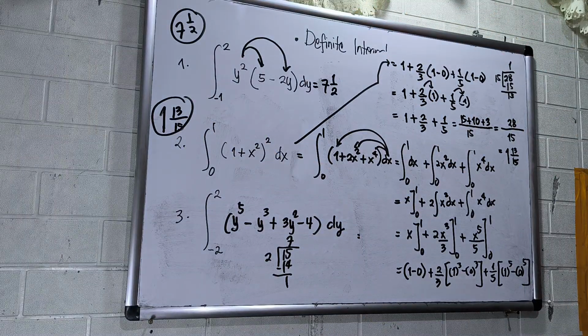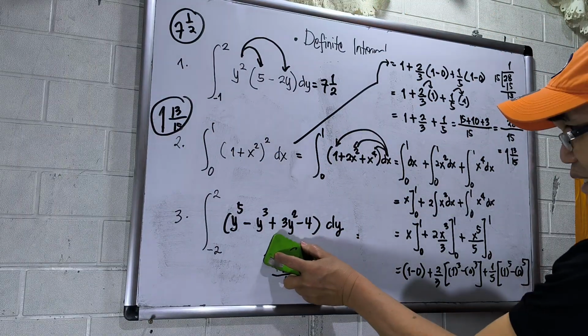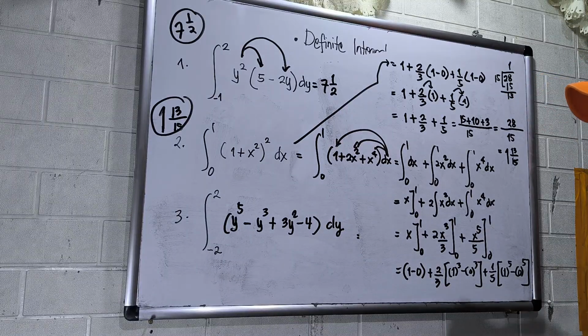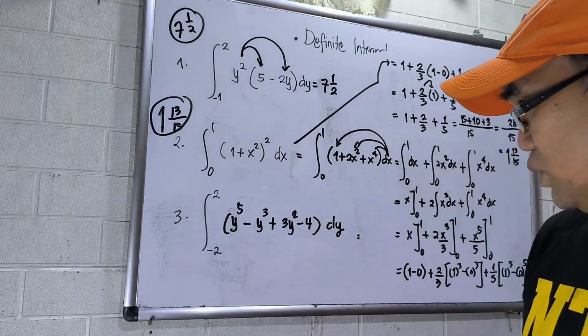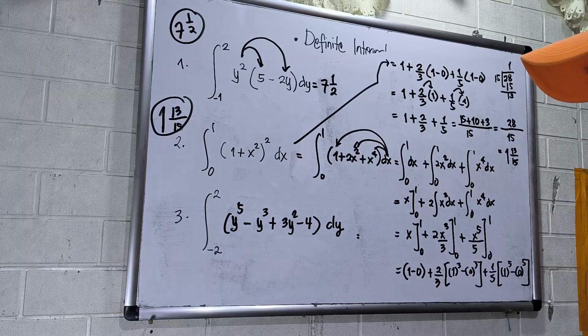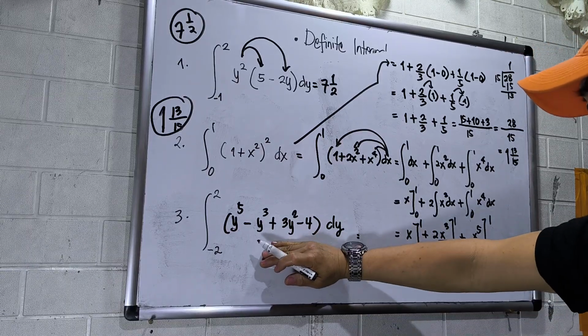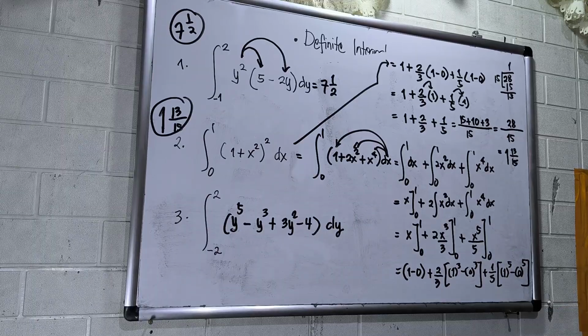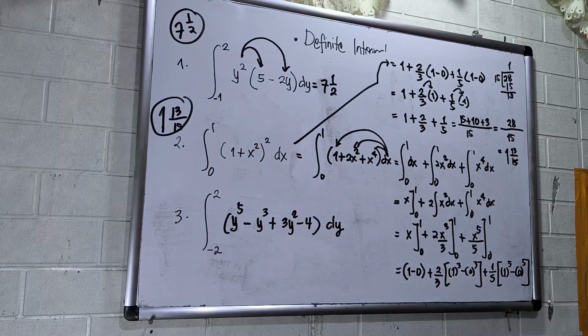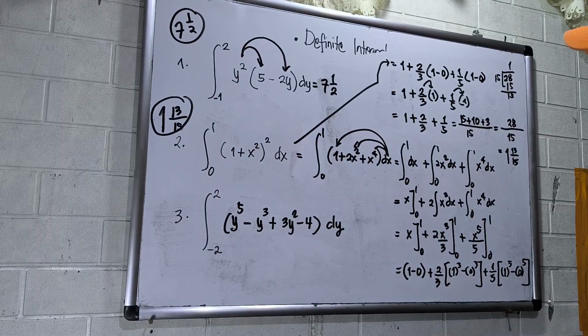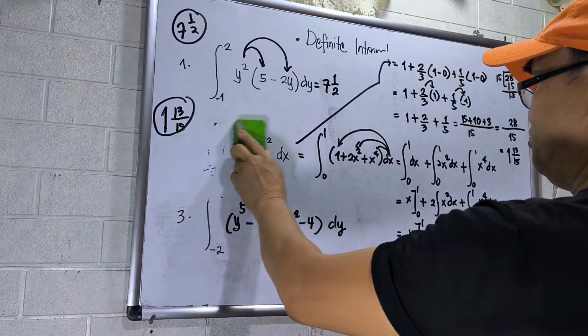So the answer for number 2 is 1, then 13 over 15. Now, the last one is number 3. Number 3 is the integral from negative 2 to 2, circle brackets, y to the fifth minus y cubed plus 3y squared minus 4 dy. Okay, allow me to erase this one.